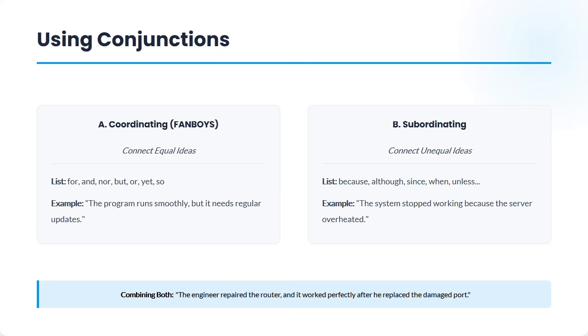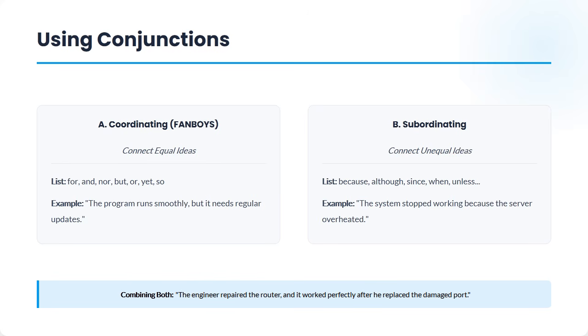So, conjunctions for compound sentences are as follows, FANBOYS: for, and, nor, but, or, yet, so. We have spoken about their functions in the earlier lesson, and let's take an example. The program runs smoothly, comma, but it needs regular updates.